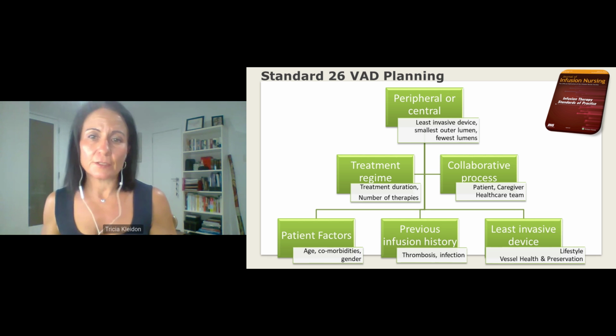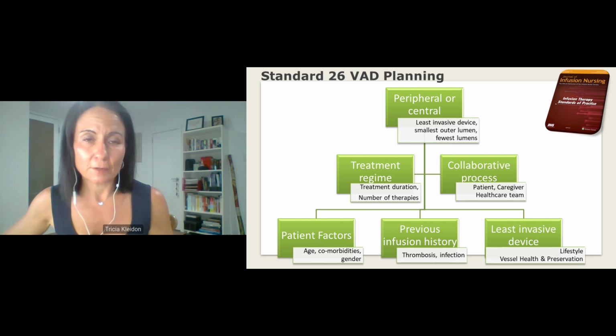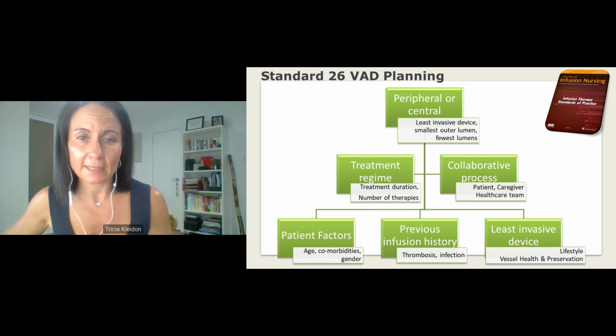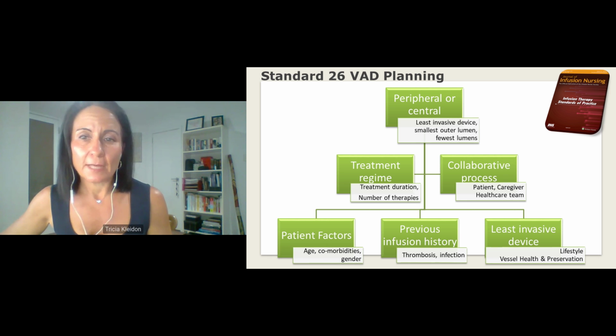So once the decision to insert a vascular access device has occurred and it's inserted, vascular access device planning really doesn't stop there. That's not the job done, because that is really just a point in time and probably the shortest part of the vascular access journey. So at every daily huddle, a conversation should occur to determine, does the vascular access device currently in situ meet the patient's infusion therapy needs?